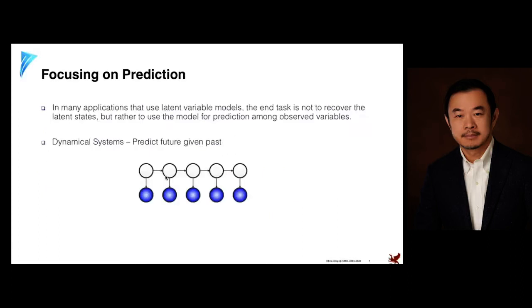All right, so let's see why we have an opportunity to invent a new method, which is spectral learning for latent variable models. Let's first ask the question: why do we even develop, in some cases at least, a latent variable model, say this HMM?